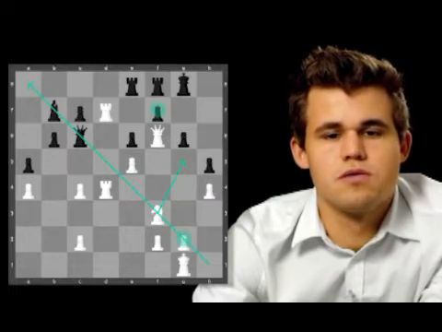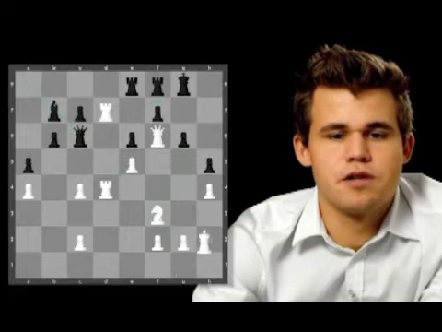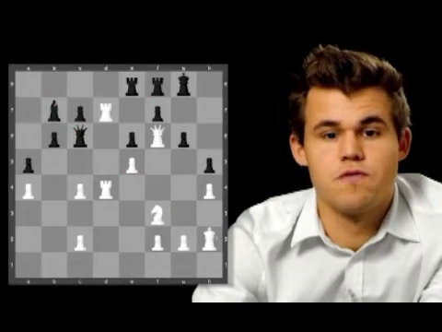So now it's actually fairly simple once you see it, that white can just move the king forward.